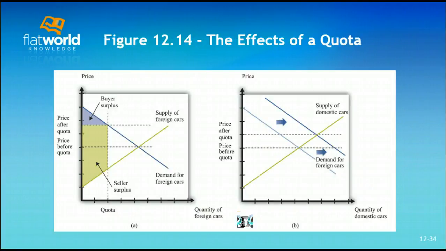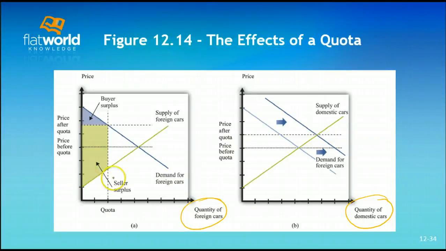We have two different markets here. This is the market for foreign cars. And this graph is showing the market for domestic cars. Let's say that the government decides it wants to restrict the quantity of foreign cars because it wants to protect domestic car makers.